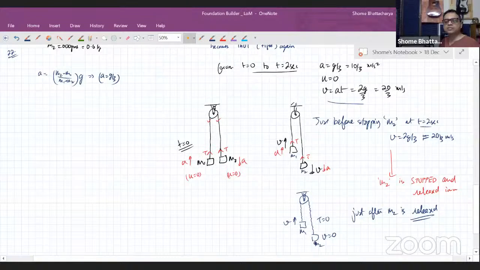So the tension becomes 0. So the moment the tension becomes 0, the force acting on each block is just mg. So this also has a downward acceleration g. This also has a downward acceleration g. Okay.